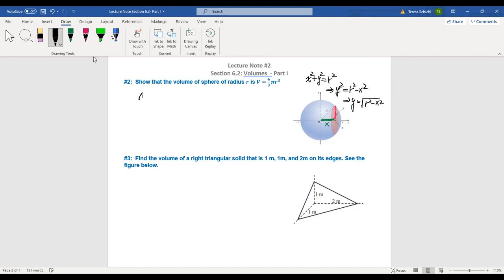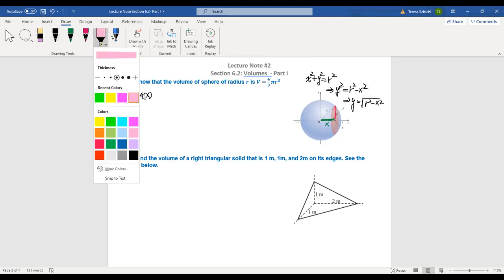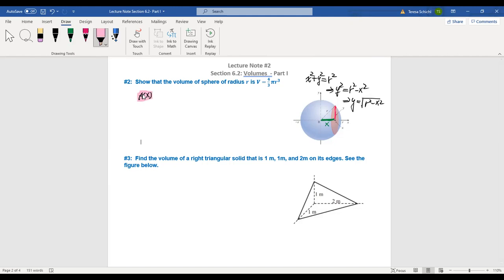Now let's see what the area of this is. Let me color code that. This pink one is pi r squared. What is r? R is y, so it's pi y squared.